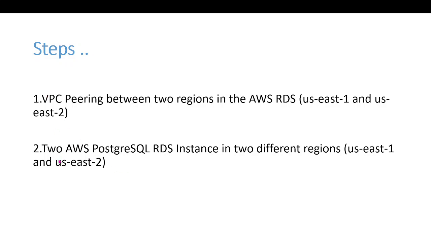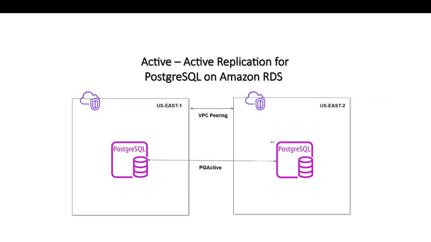So the first two steps are almost done. This is VPC peering done, and the two PostgreSQL instances we have created. So let's go for the next step.